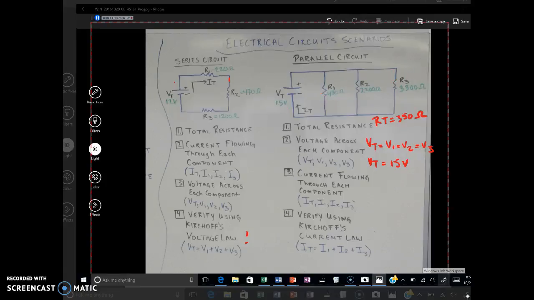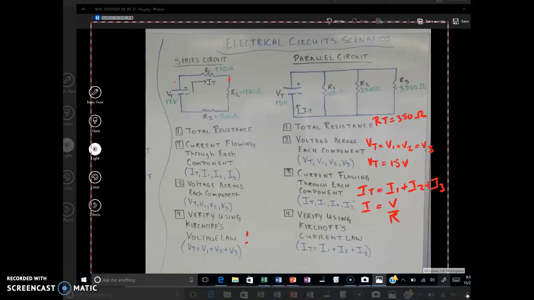Okay, so the next problem says find the current flowing through each of the different components. The current for a parallel circuit is going to be I1 plus I2 plus I3. So we have to solve for each of the different currents individually using Ohm's law. And Ohm's law says you can solve for current by saying the voltage over the resistance will give you the current.